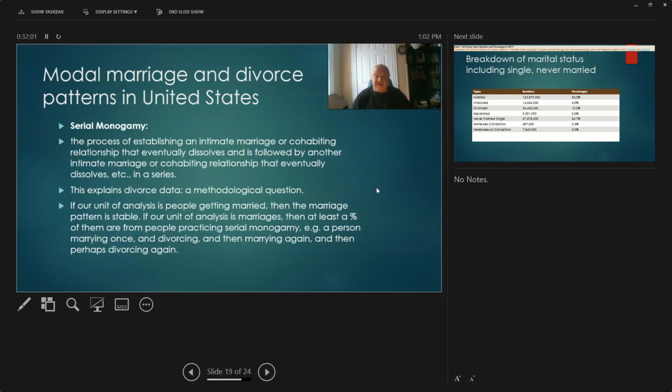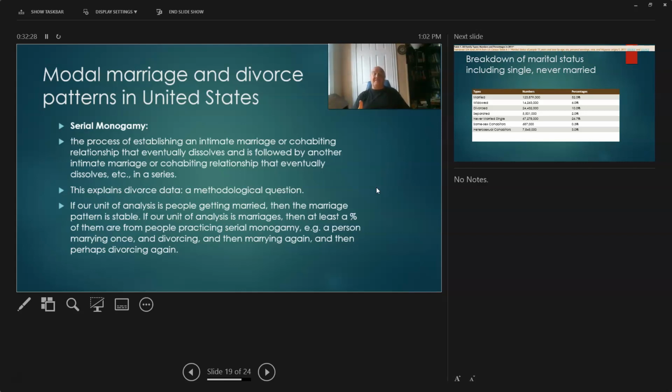If our unit of analysis is people getting married, then the marriage pattern is stable. Most people who get married, in other words, stay married in the United States. And this has been a relatively stable pattern since about 1980. If our unit of analysis is marriages, then at least a percentage of them are from people practicing serial monogamy.